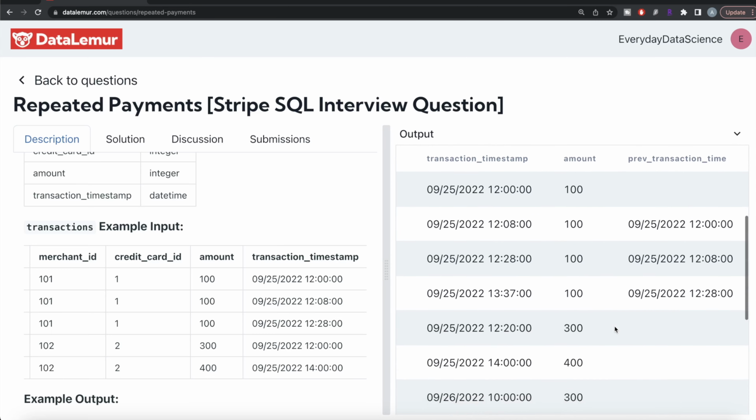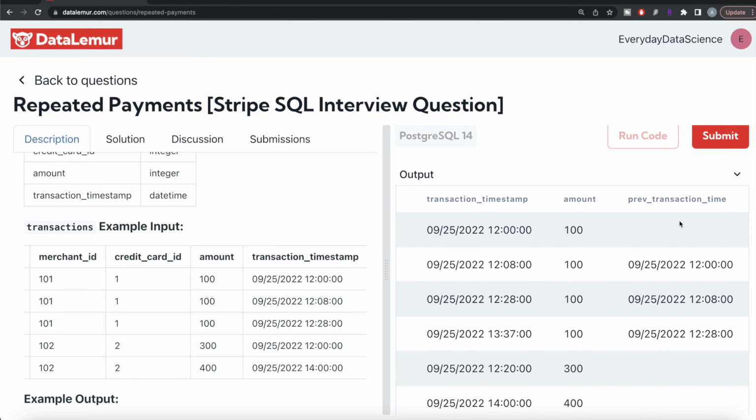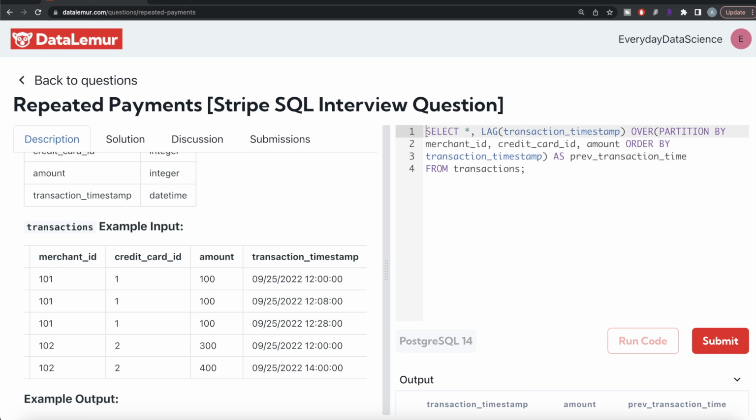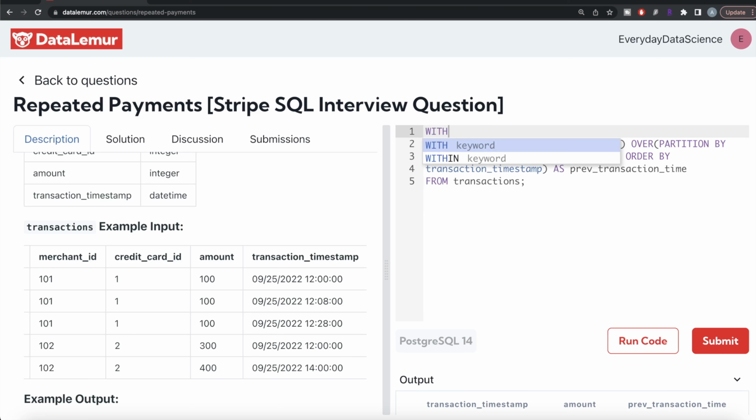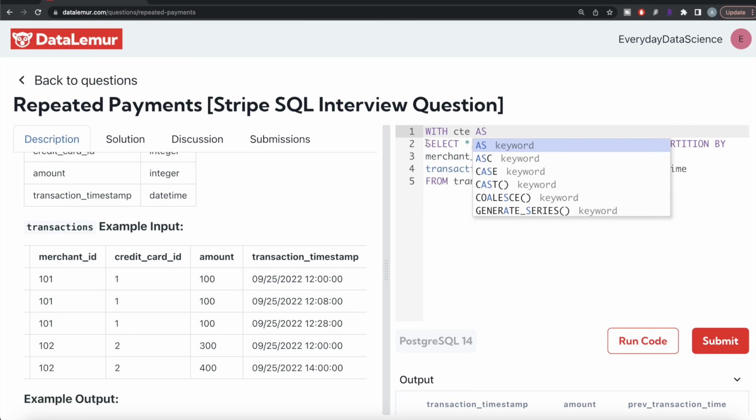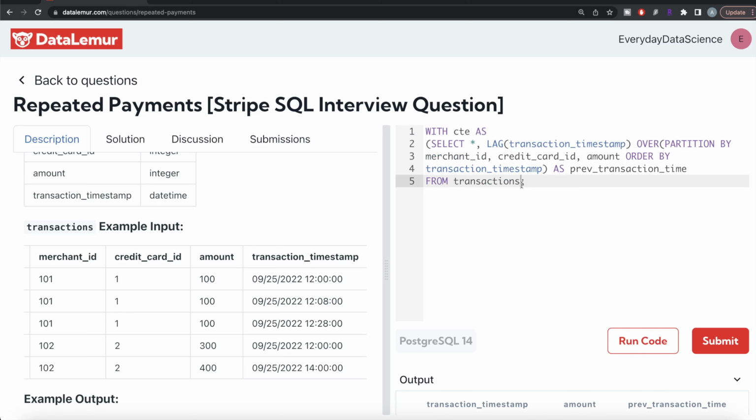So now once we have this, we can save this entire thing in a common table expression. So what I'm doing is WITH CTE AS, and then this entire thing goes into parentheses.